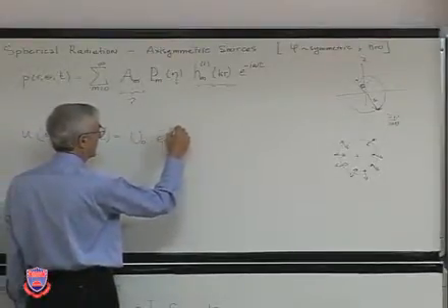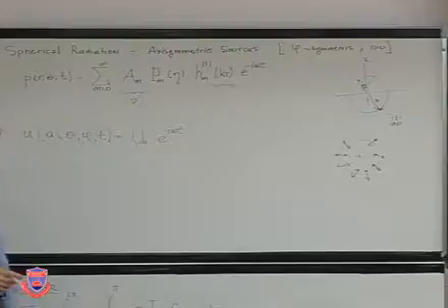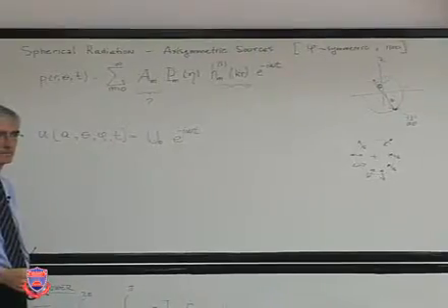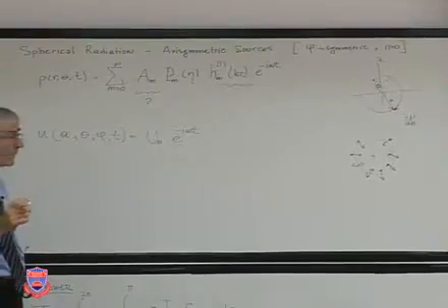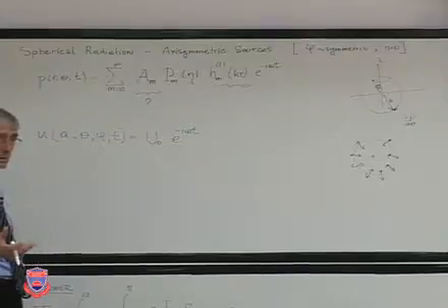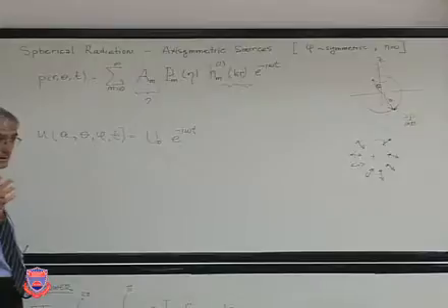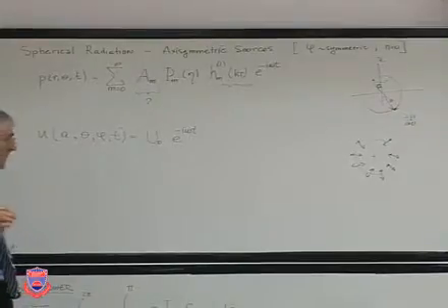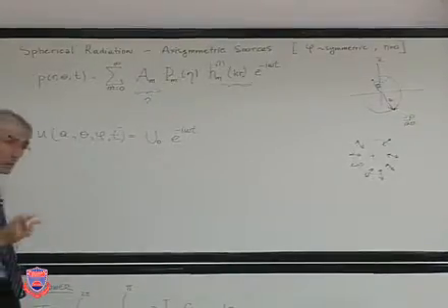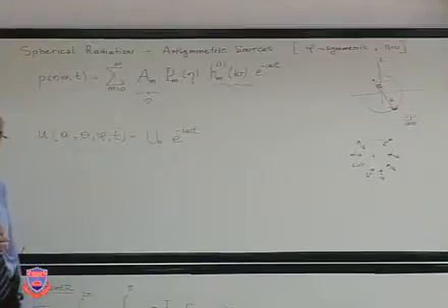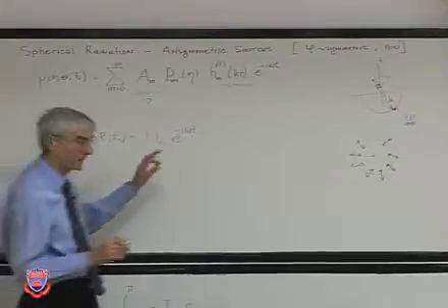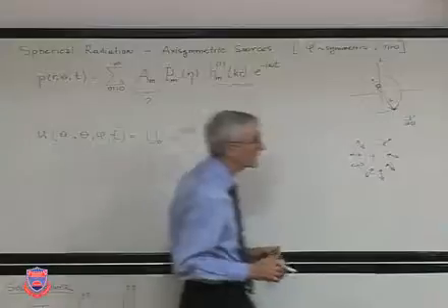And what else does it depend on? Phi, does it? It's symmetric. It depends on nothing else. Okay? It depends on nothing else right now. Now, you can make it depend on phi, then it's not axisymmetric, etc. But this is the simplest possible case.